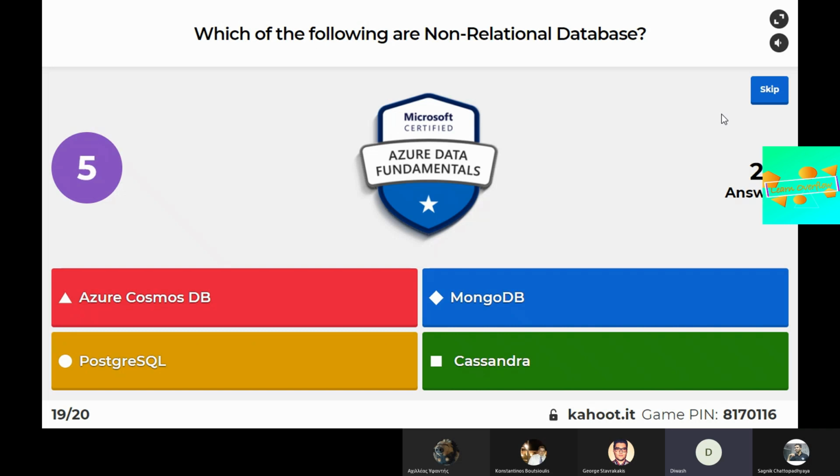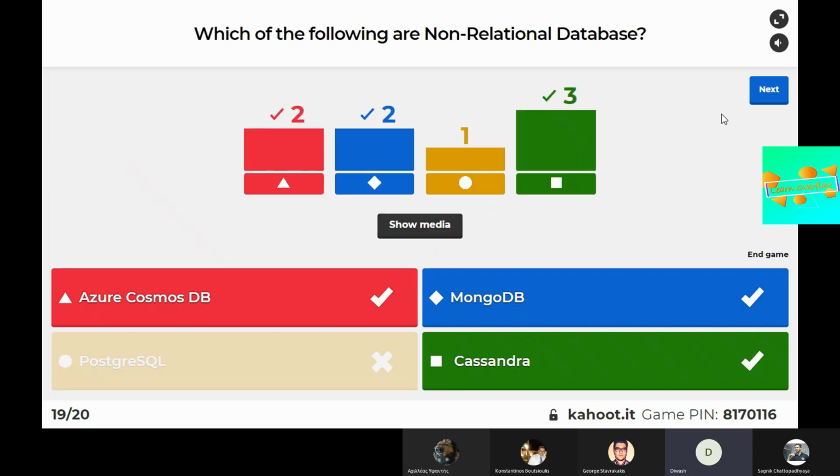Talking about Azure Cosmos DB, this is the Azure version for all kinds of non-relational data.